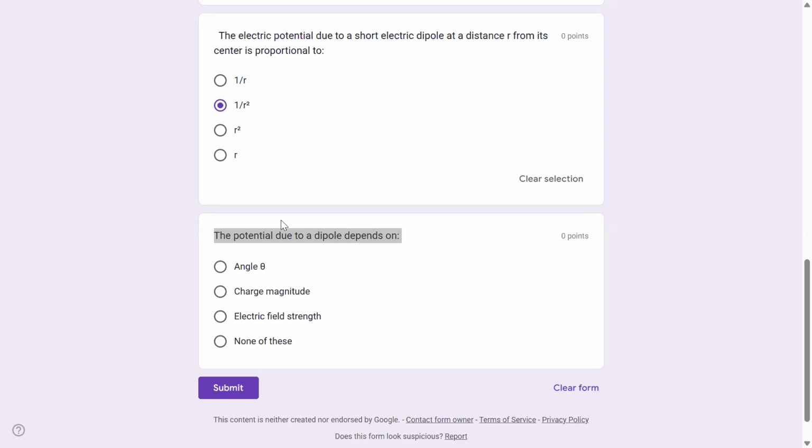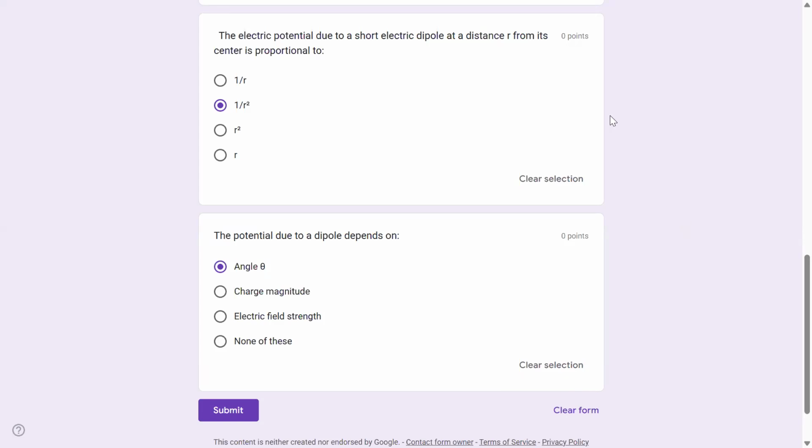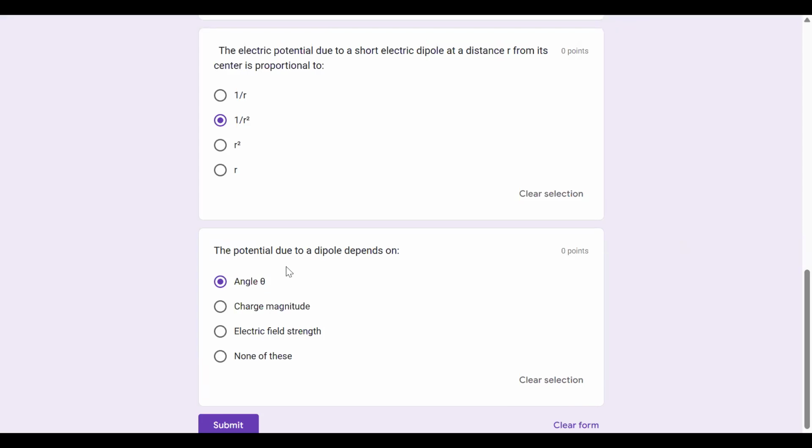In problem number 2, on the equatorial plane, theta is equal to 90 degree, so cos 90 is 0, so potential is 0. Clear? So angle theta is a very important term, which the potential depends upon. We can check that answer.